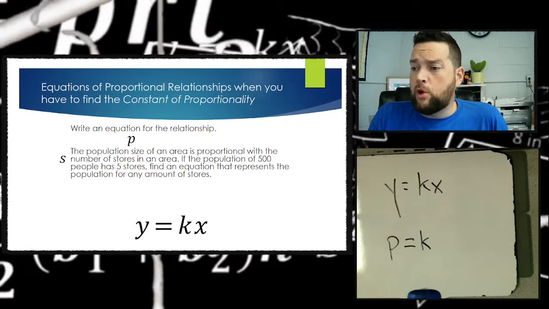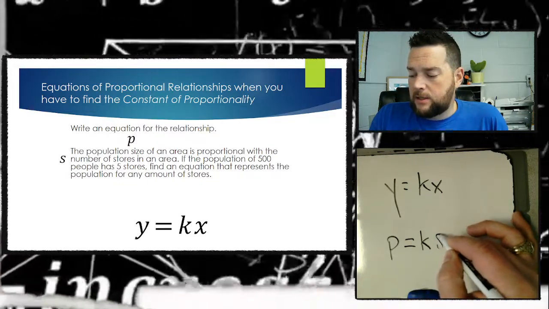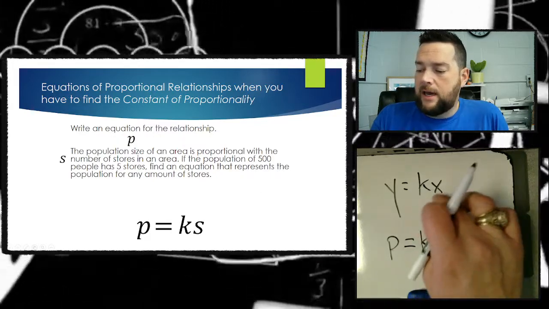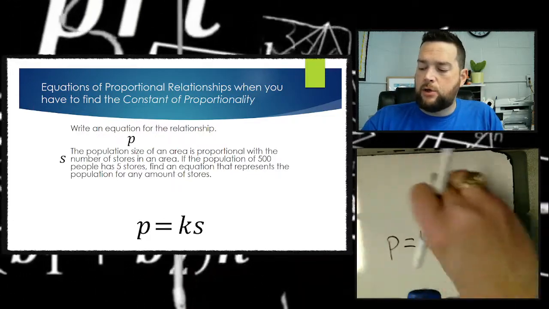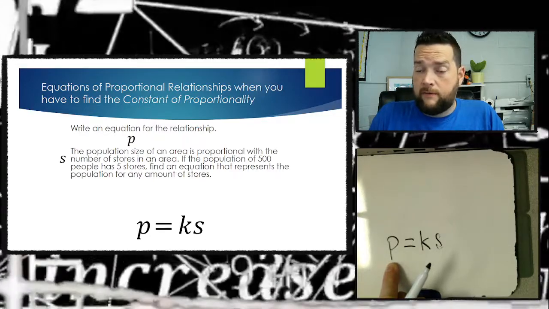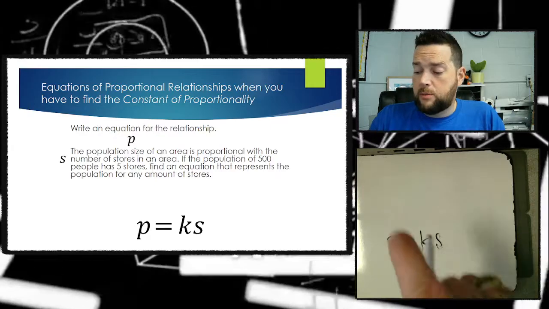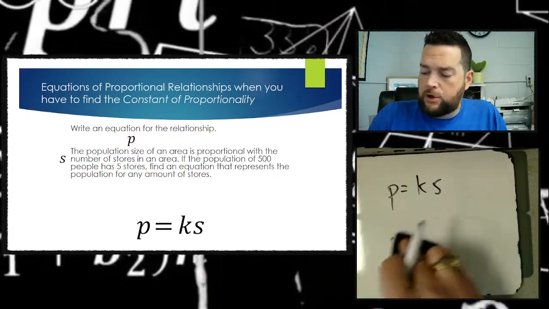And then it's proportional with the number of stores in an area, stores S. So far, I should have an equation, P equals KS. So I started with my standard equation, and I substituted the variable for the dependent variable in the problem, and then the one for the independent variable. So P equals KS.